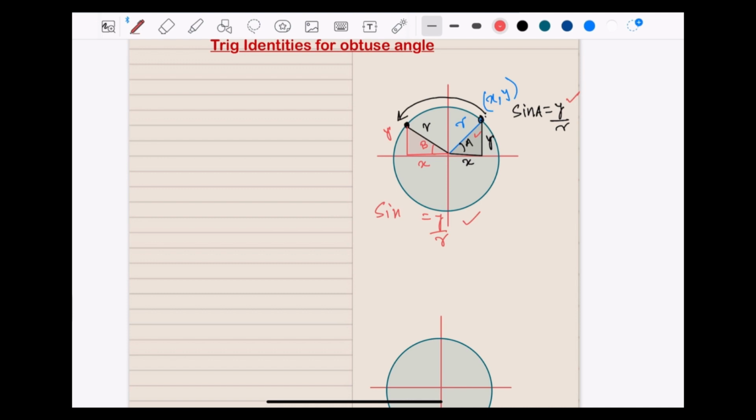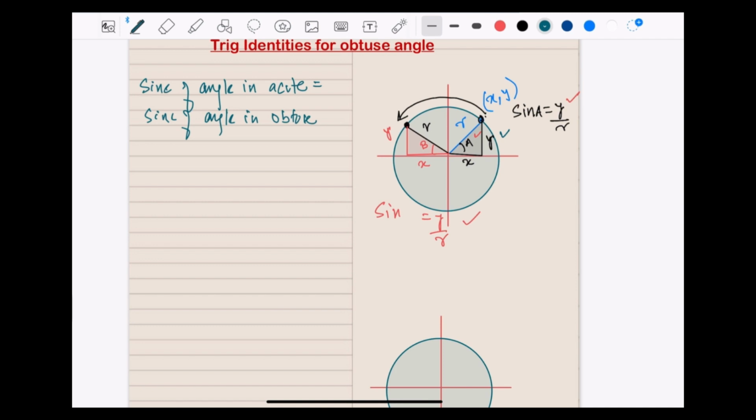So since they both are exactly the same, we can write that sine of an angle in the acute quadrant, the first quadrant here, is equal to sine of an angle in the obtuse quadrant.